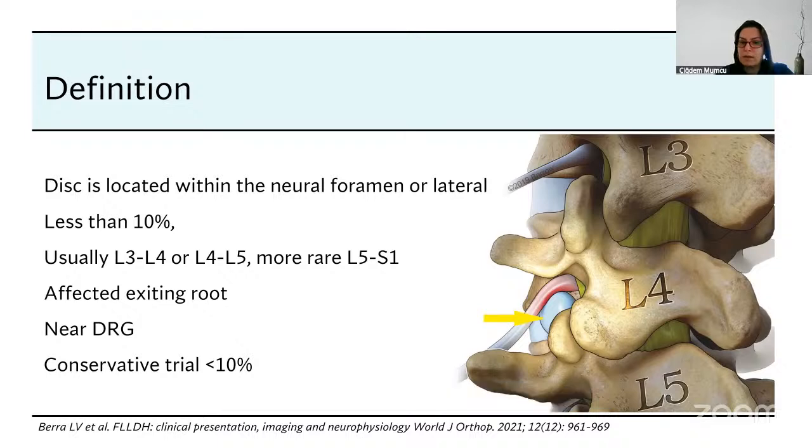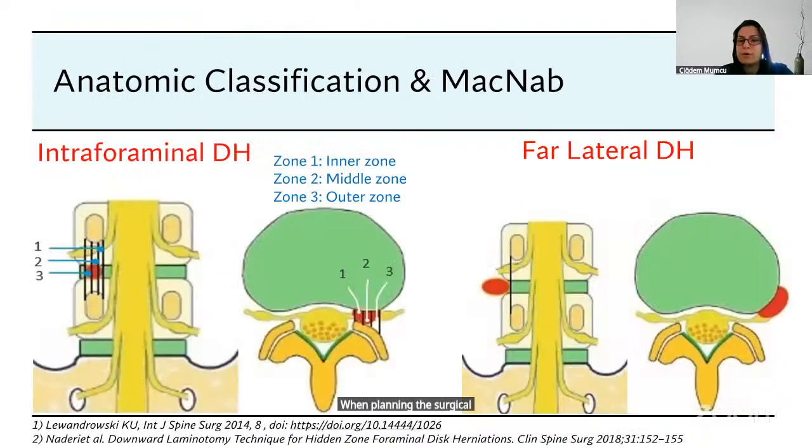When planning the surgical approach for foraminal and far lateral disc herniation, it is better to decide according to anatomical location of the disc. A foraminal region is between the medial and lateral borders of the pedicle. Extraforaminal region is outside the lateral border of the pedicle. In the foraminal region, we are talking about three zones.